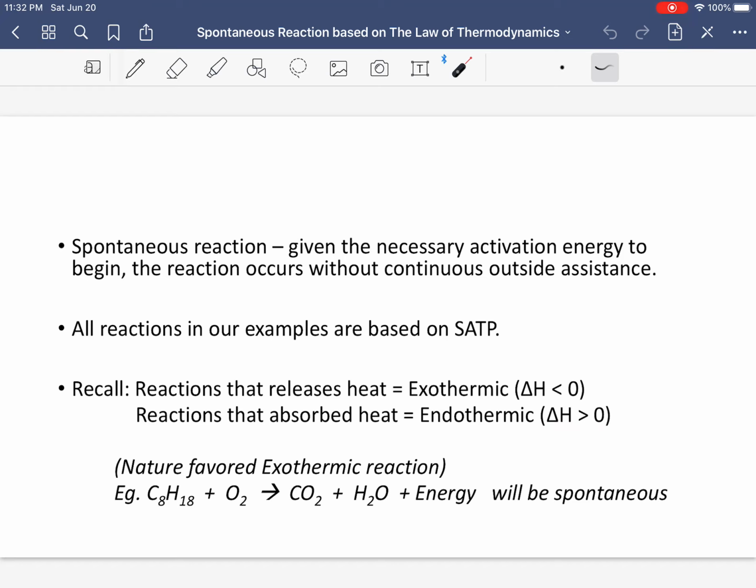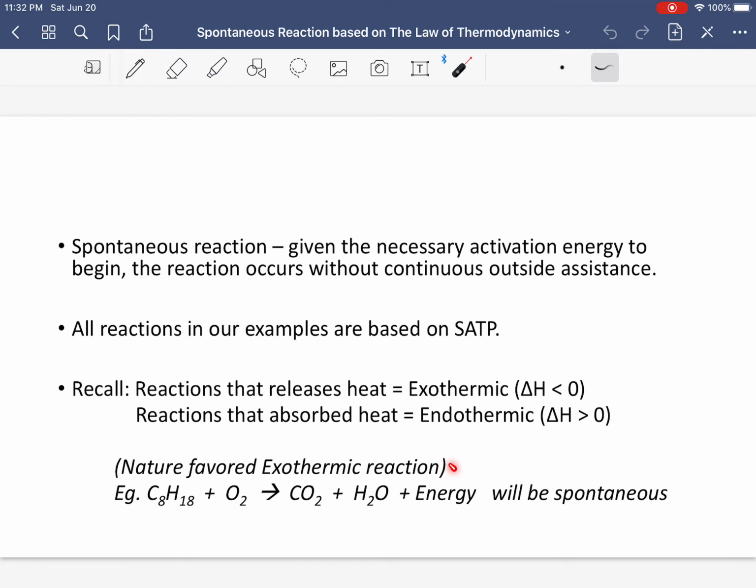Now, what does nature favor? Exothermic or endothermic? If you remember what I said back in January, we said that nature favors exothermic reactions. Nature likes it, I guess, negative for enthalpy. Like this reaction right here. This is the combustion of octane gas. This is exactly what's happening in the engine of a vehicle.